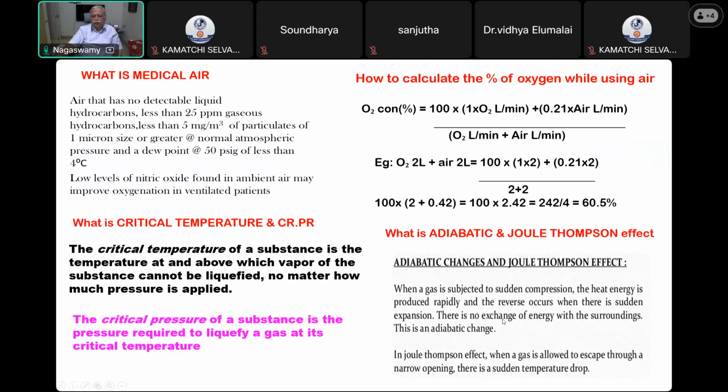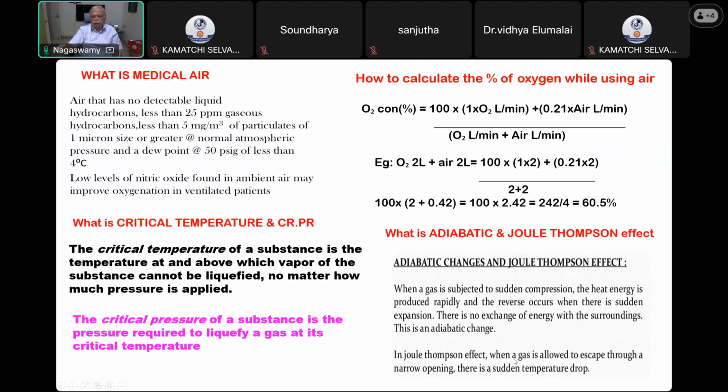But there is no exchange of energy with the surroundings. That is called the adiabatic change. That is, no energy is released or gained, but there is a difference in the pressure. So if there is a change in the energy, every time you compress and release, there should be an explosion. Okay. So this is prevented in gas cylinders, and that is called the adiabatic change.